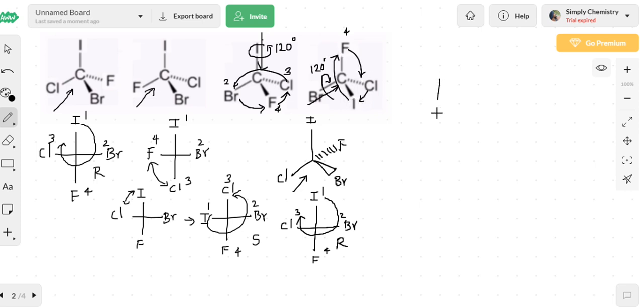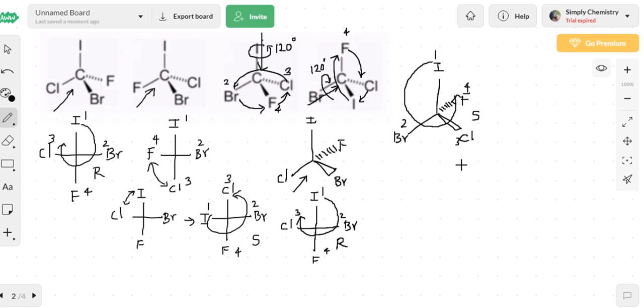So I'm just writing the rotated one. So fluorine goes at the behind, iodine goes to the top, chlorine is here, and bromine is here. So we know the numbers, that is 1, 2, 3 and 4. So even from here itself you can find out that it is going in the counterclockwise direction, hence the assigned configuration is S.